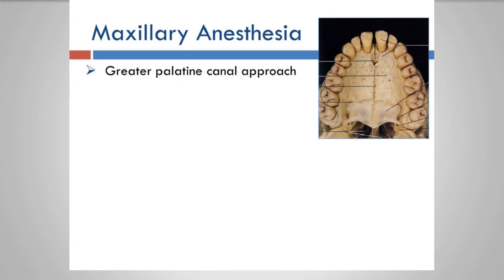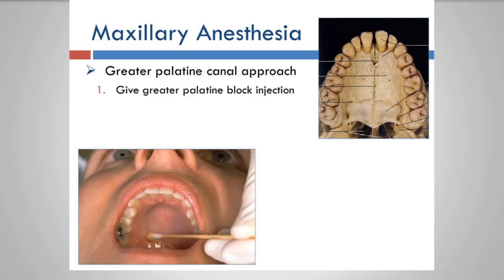What I do is I put my finger in against the palate and I just run my finger back between the more vertical alveolar process and the more horizontal hard palate. And as you go back posteriorly, the tissue gets a little spongier here. Just before you go back onto the soft palate, and you know the soft palate because the patient starts gagging, but just before you get back there, you'll feel a little spongy area right here.